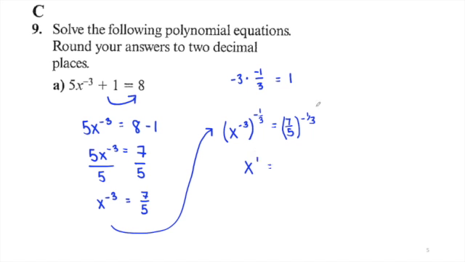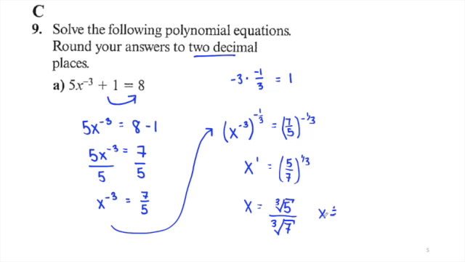Okay, and then remember, solving this, to get a positive exponent, you have to flip your fraction, which would then be the cube root of 5 all over the cube root of 7. Okay, and then it says to solve to 2 decimal places. So you're going to put that in your calculator.